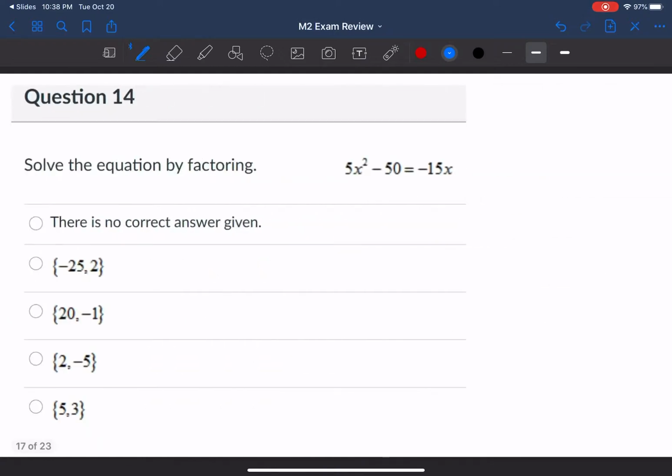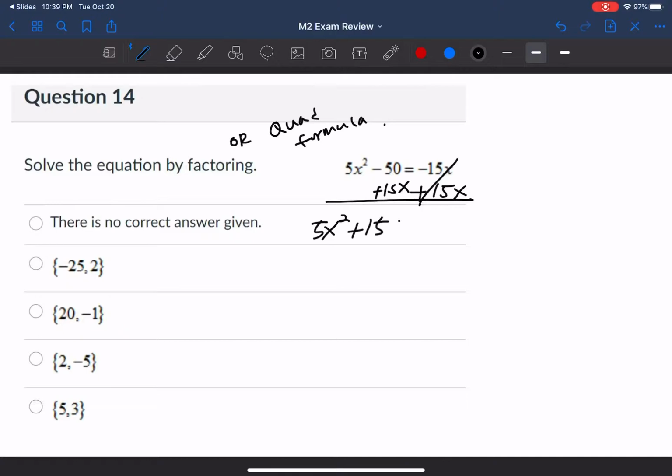Question number 14, solve the equation by factoring. Okay, that's fine. You can use factoring or quadratic formula, whatever is easier for you. First step, you have to rearrange everything. So let me add 15x, cancel, 5x squared plus 15x minus 50 equals 0.